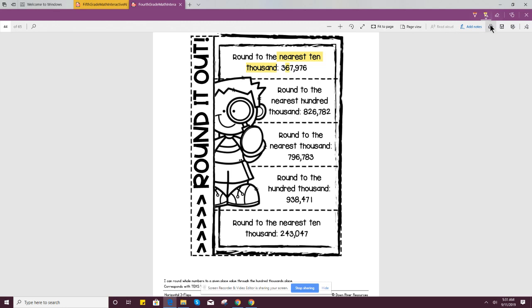So right now, I see that there's a 6 there. The number behind it determines what happens to that 6. If the number behind it is 5 or more, that 6 gets to change to a 7. That's called raising the score. If the number behind it is 4 or less, we're going to let it rest at 6. It gets to stay a 6.